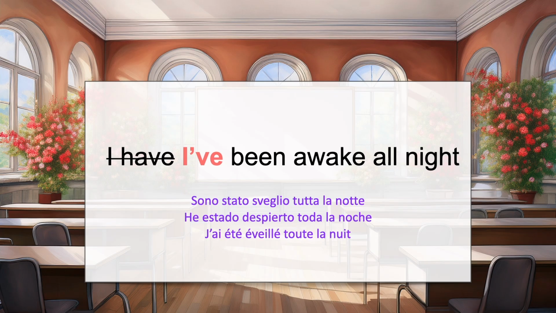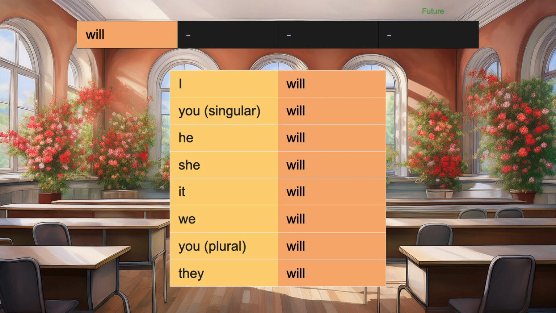Once you actually know what you're doing, it's not too hard. So let's look at one more verb. We will look at the future tense verb will. Remember, will is conjugated as the following. I will. You will. He will.